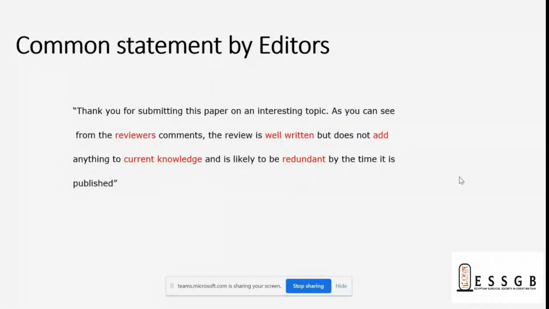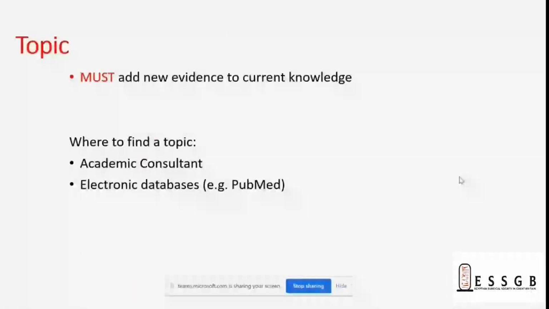I give you 15 seconds to read this. It is a common scenario that I have been facing, and you might have been facing before, or people are more likely to face if they don't find the appropriate topic. The topic, therefore, is where I'm going to start.